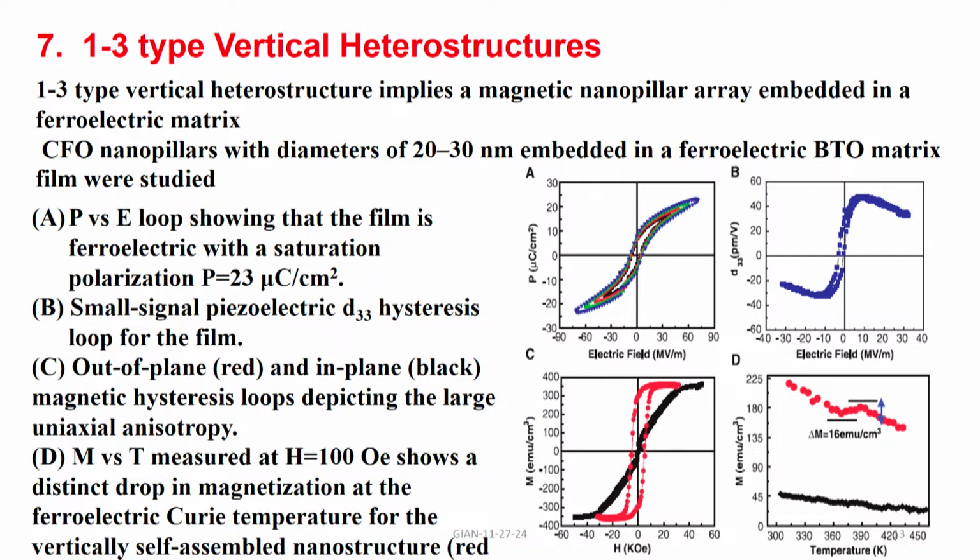And in this particular system, the dipole ordering, when barium titanate goes from paraelectric to ferroelectric, also changes the magnetization of the cobalt ferrite nanopillars. So, that is evidence for magnetoelectric interaction in this particular system.